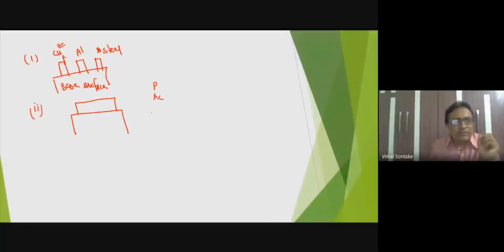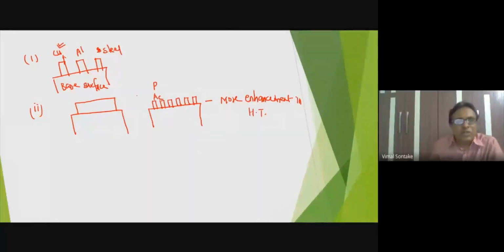Instead of this single fin, if I attach thin fins of the same perimeter but a smaller cross-sectional area, this arrangement will give me more enhancement in heat transfer.